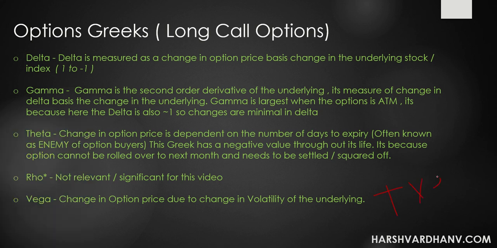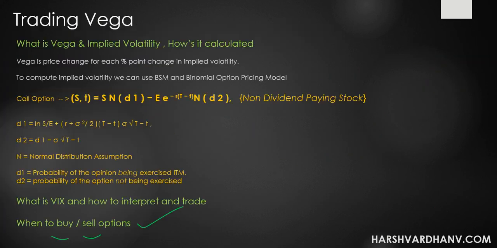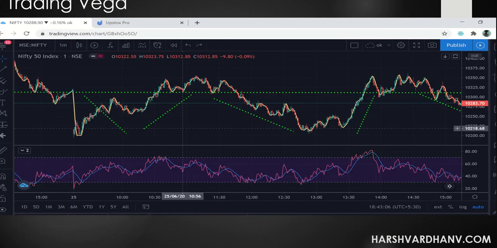Your call option increases when the Vega increases, and the put option also increases when the Vega increases. So now we know that if the Vega is positive, we should be a call option buyer, right? But imagine what would have happened if you had bought the call option at this level.